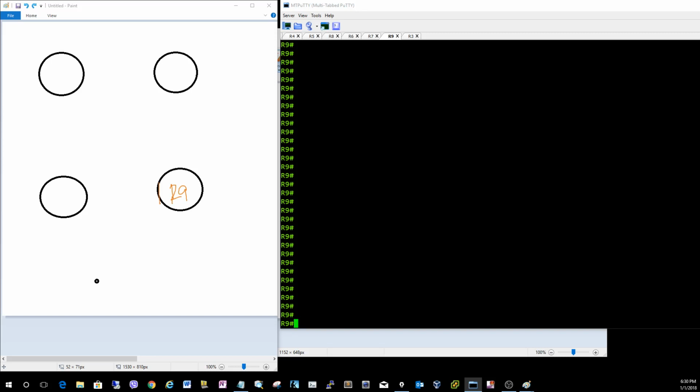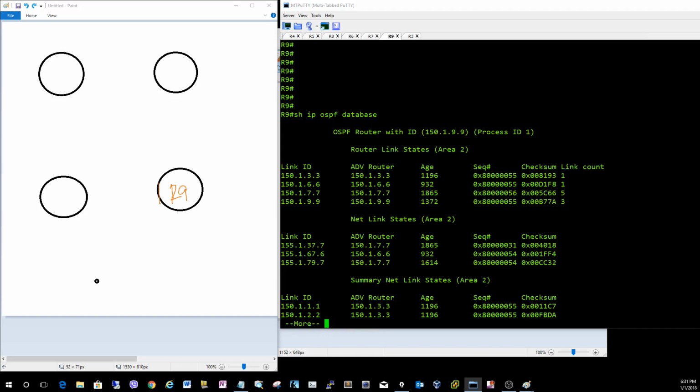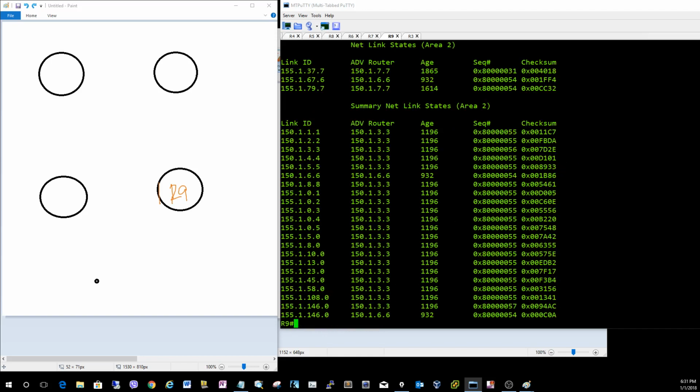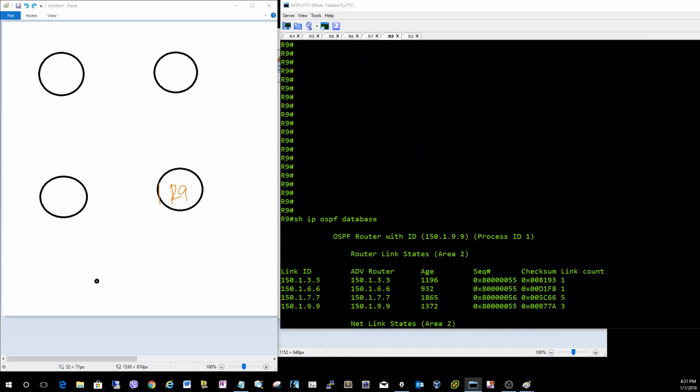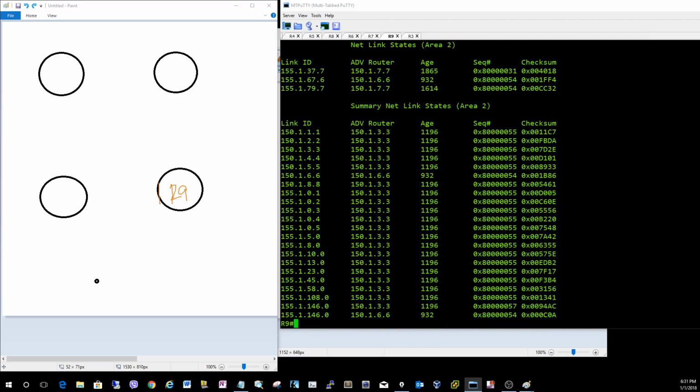Just like any good engineer, after you've done your show ip interface brief and show ip route, the next thing I would normally run is show ip ospf database, and that's going to give you a good view of the OSPF topology.